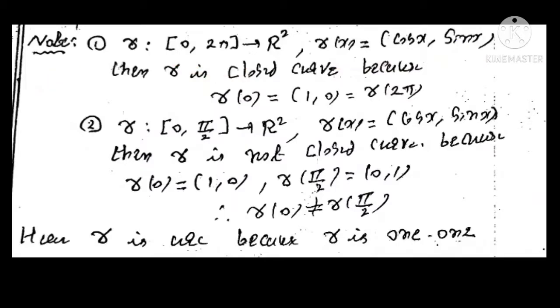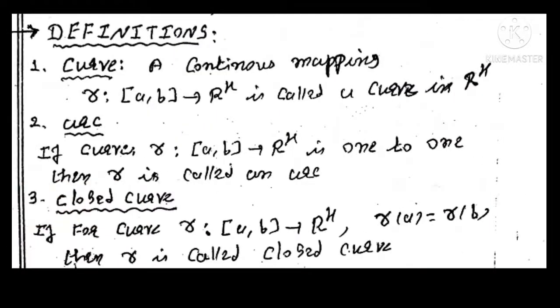Then it will be a closed curve because this value is equal to cos 0, sin 0. Cos 0 is equal to 1, sin 0 is equal to 0, which is equal to this value. So this is called a closed curve.